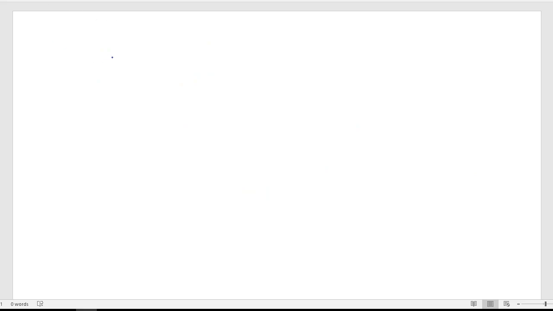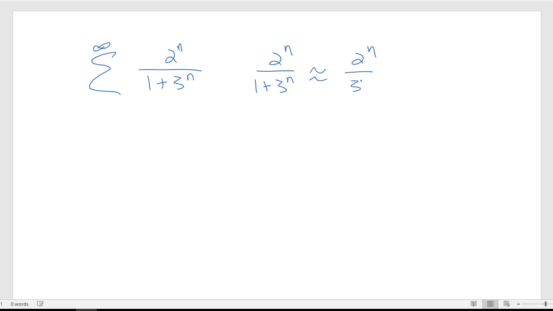All right, let's say we have an example like 2 to the n over 1 plus 3 to the n, something like that, going out to infinity. So when I look at this, it isn't exactly geometric. This behaves like 2 to the n over 3 to the n, which is a convergent geometric series.